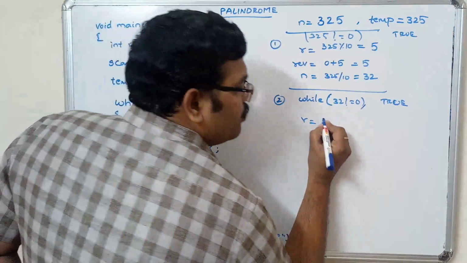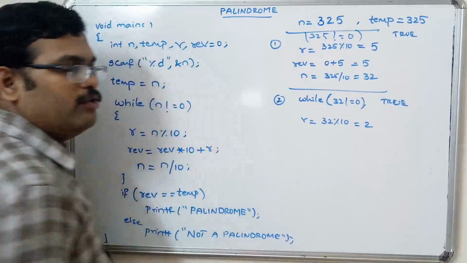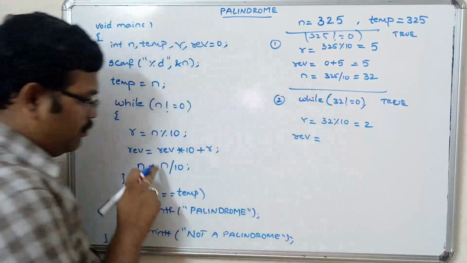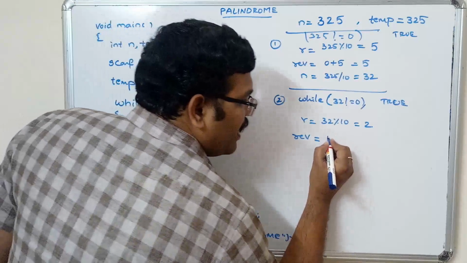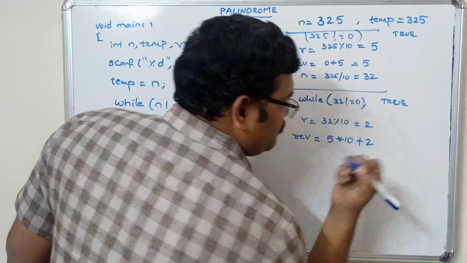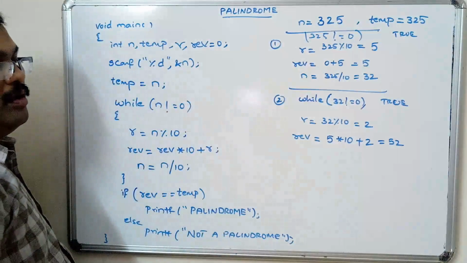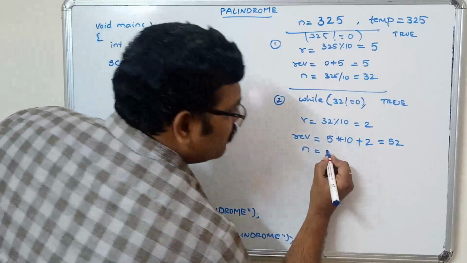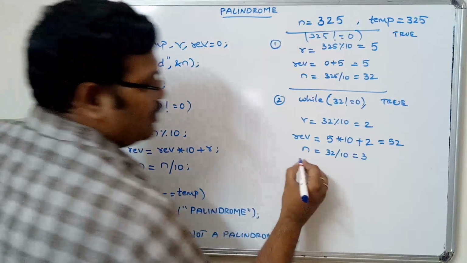Now the n value is 32, and 32 mod 10 is equal to the remainder, so 2. The r value is 2. Now reverse is equal to reverse into 10 plus r. Previously the reverse value was 5, so 5 into 10 plus r, that is 2, which is equal to 52. Now n is updated, so n is equal to 32 divided by 10, which is equal to 3. Now the n value is 3.